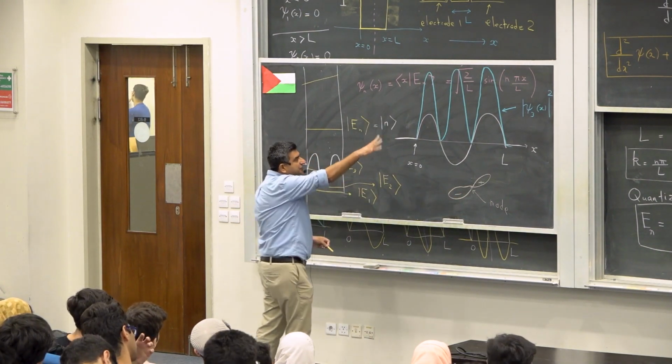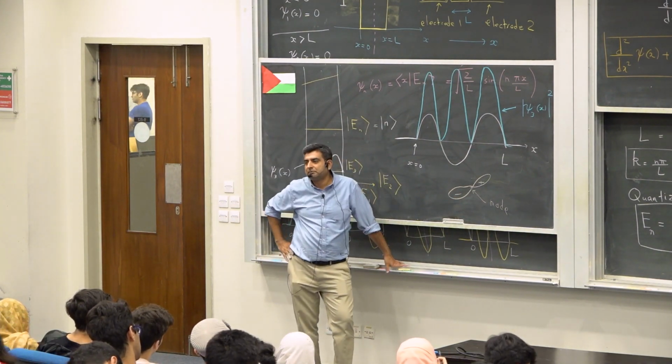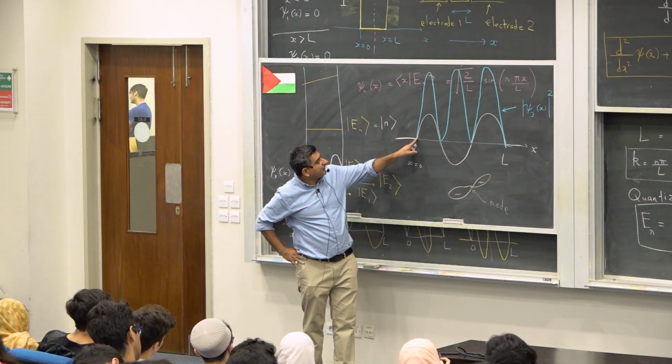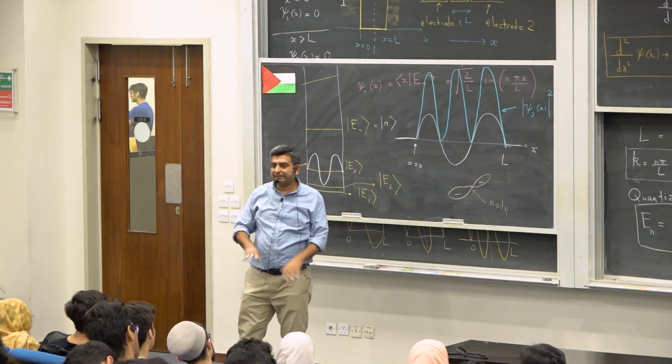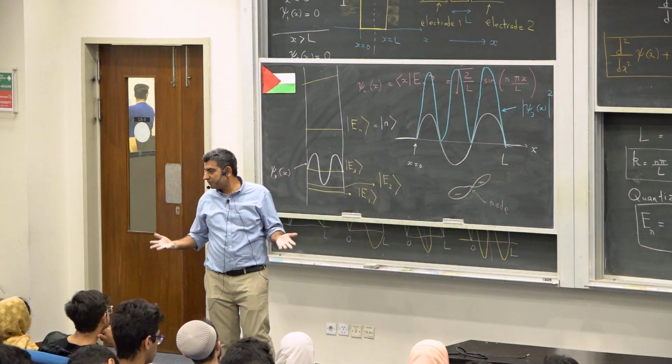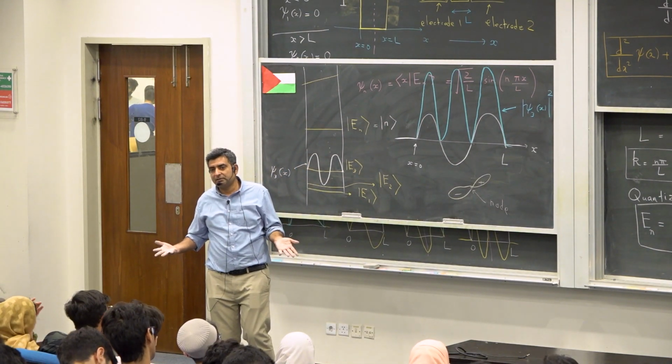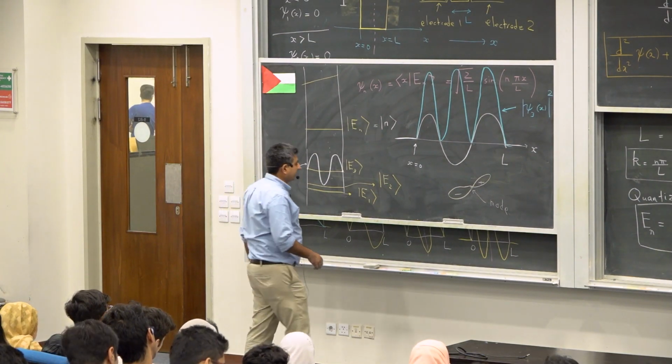Now, how does this change with time? This is my wave function, the white is my wave function. This is only the space part. This must also change with time. How does it change with time?